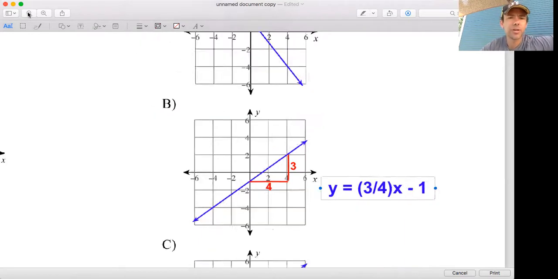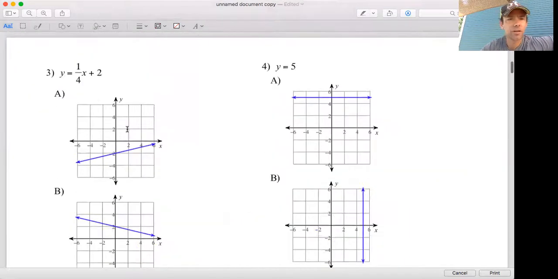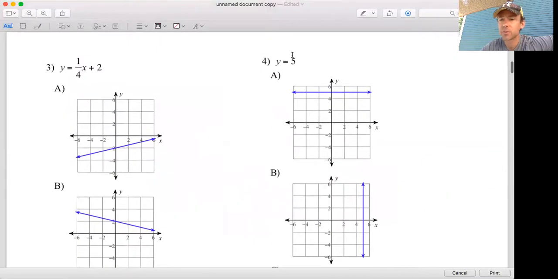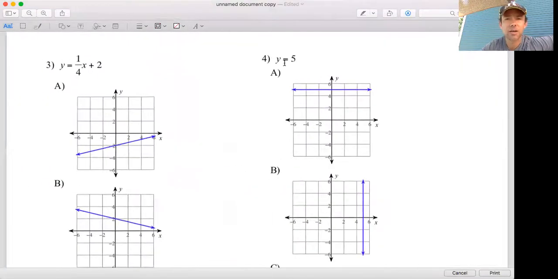Let's do one more here. Let's do these ones. Remember, we studied the x equals and the y equals a lot when we did the Mondrian art. So y equals 5 is a horizontal line where y is always 5. And so already that's going to be A, right? A is a horizontal line.